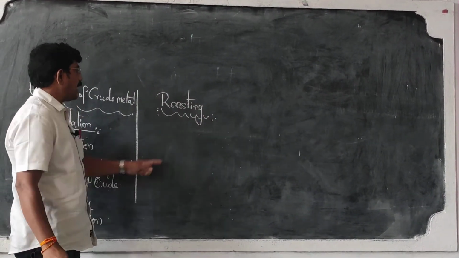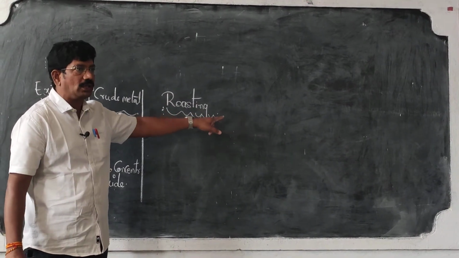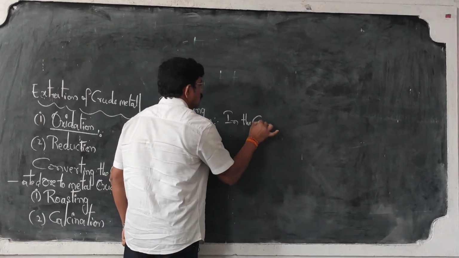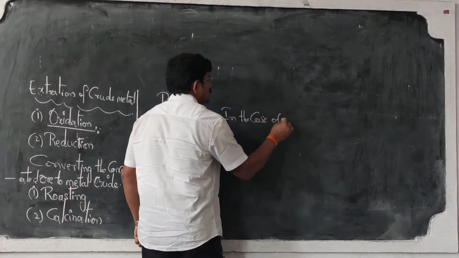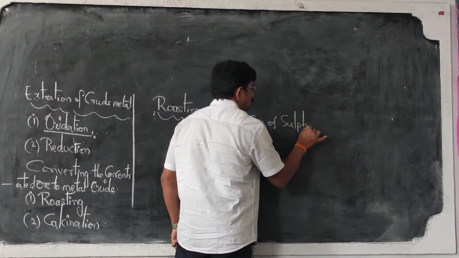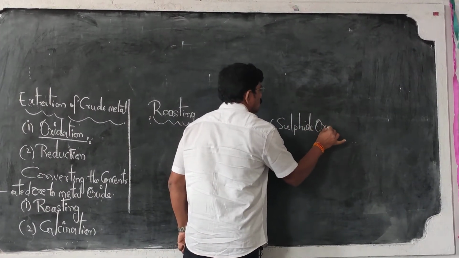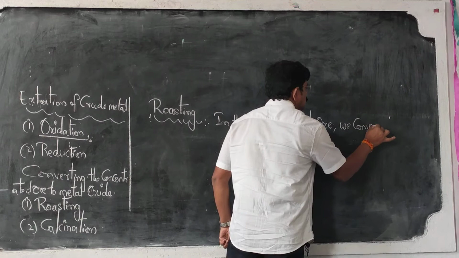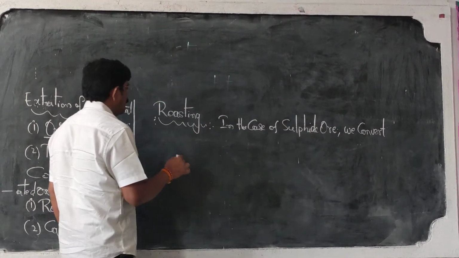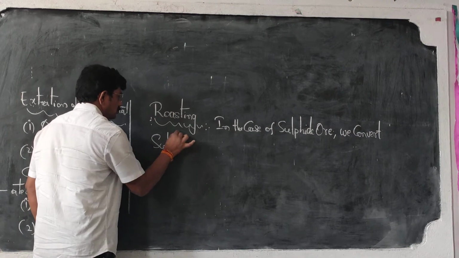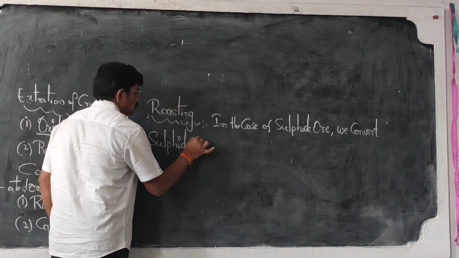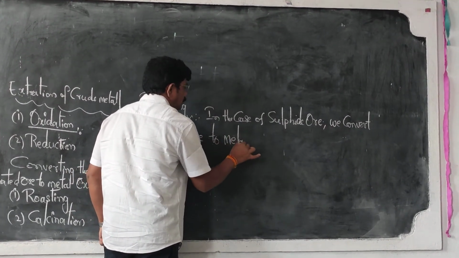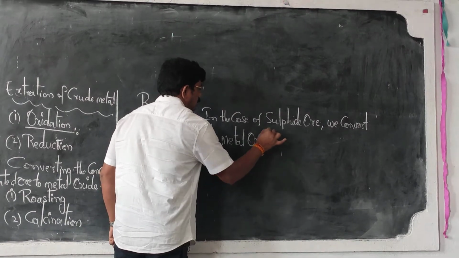This process we adopt only in the case of sulfide ores. In the case of sulfide ores, we convert sulfide ores to metal oxide.